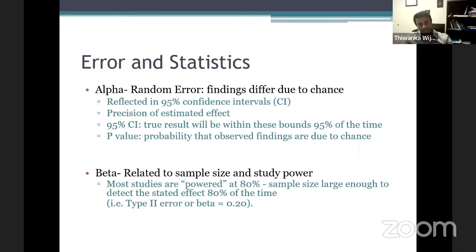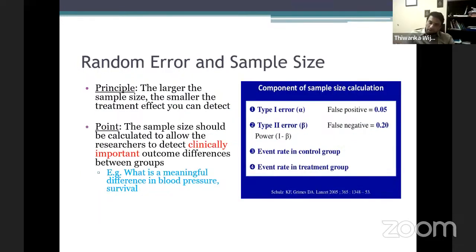Beta, on the other hand, I said it was a false negativity, and that's usually set at 80% power. So conventionally, when you're looking at a paper, be able to comment about the alpha error and the beta error, right? Next slide, I'm going to take you to a little bit of an elevated version of this. We often talk about sample size calculations, and I know it's sometimes over your head, but I'm going to simplify it by saying the concept of a sample size calculation is based on four things.